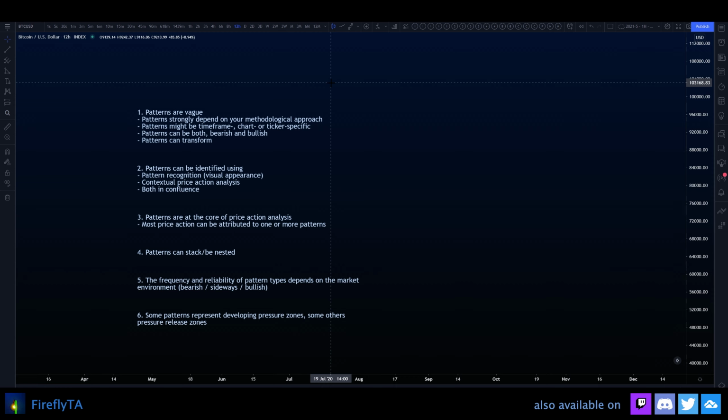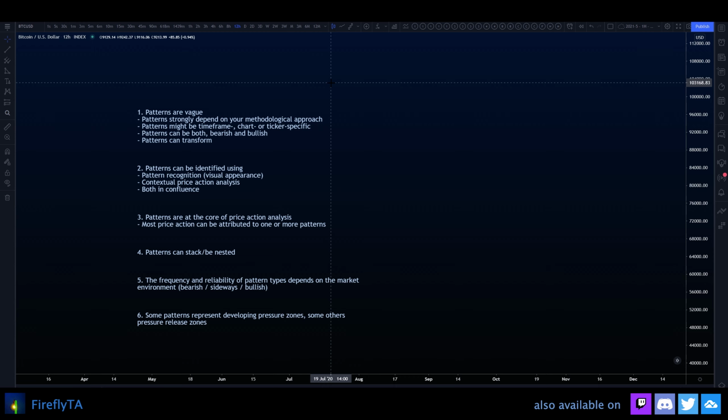So this is also a point, because all the traders are looking at different charts, different time frames, different tickers, and they are using a different methodology to find patterns. So there are lots of factors that play into why they are perceived, discovered and identified differently.